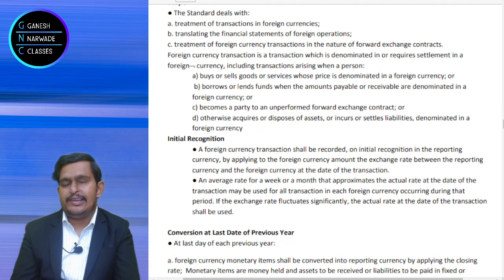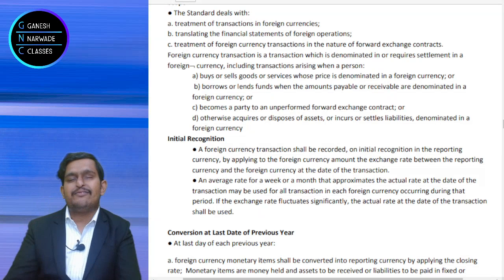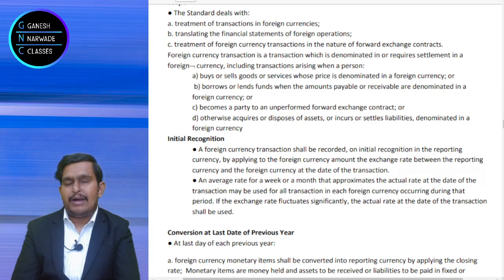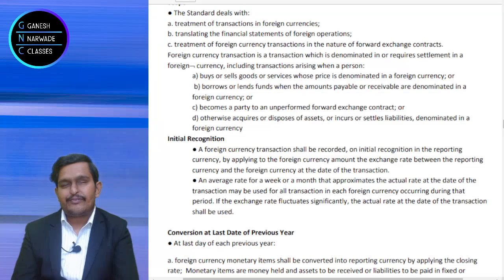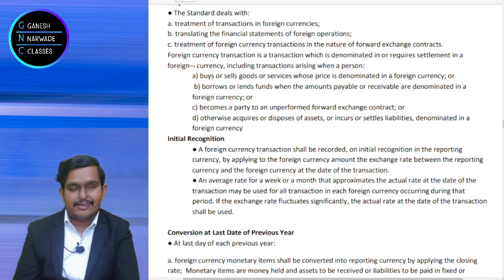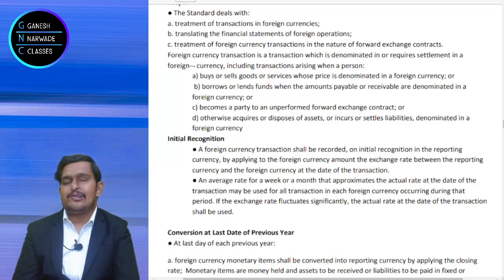Suppose we acquired, transferred, or disposed of certain fixed assets through foreign currency, like the ruble, the currency of great Russia. If it is transacted that way, then it is a transaction in foreign currency. So this way we should understand.